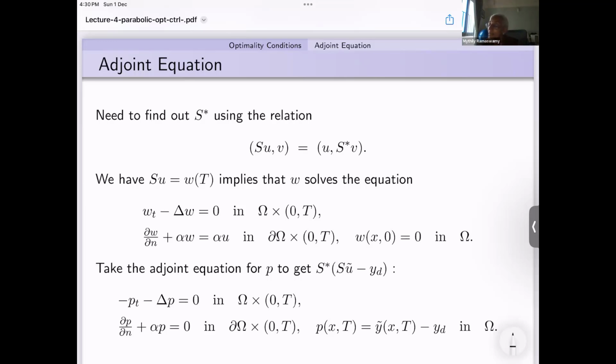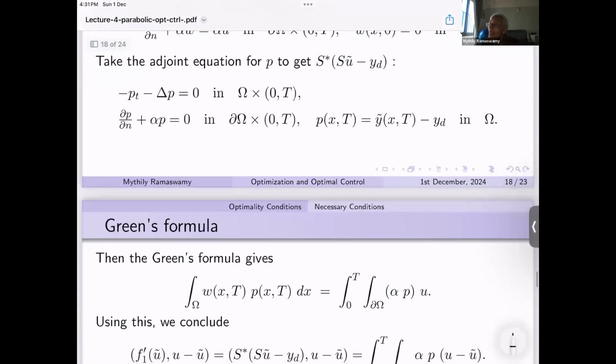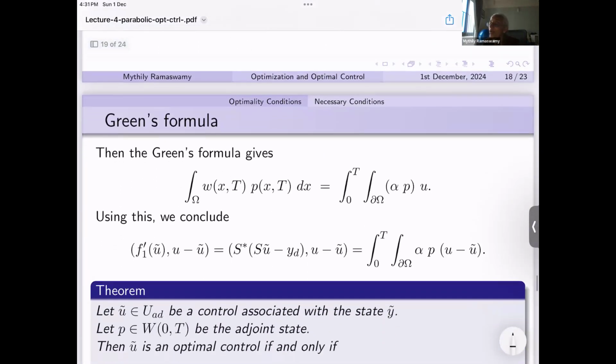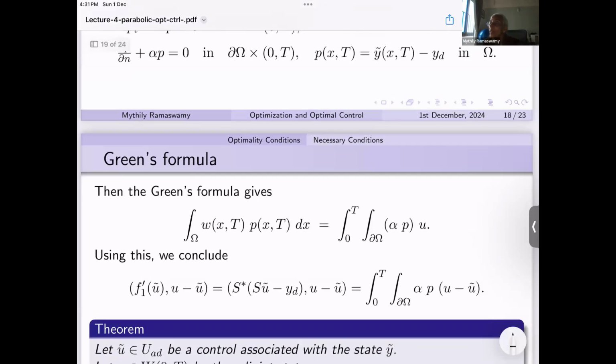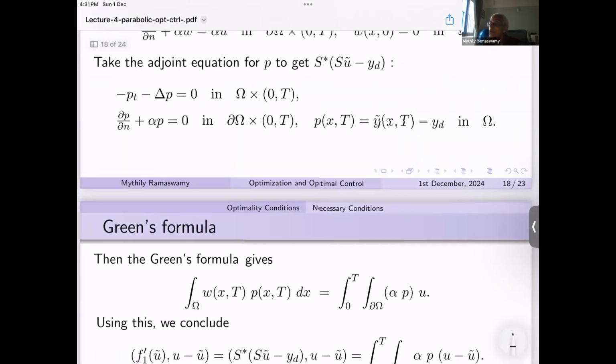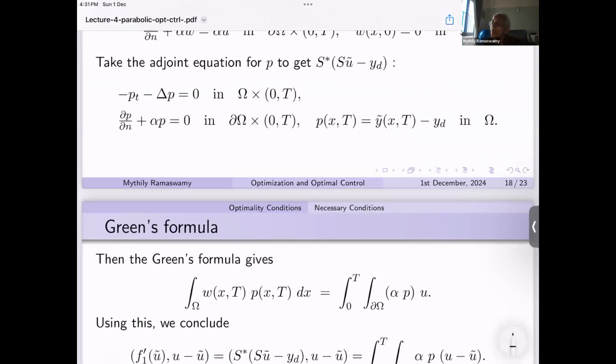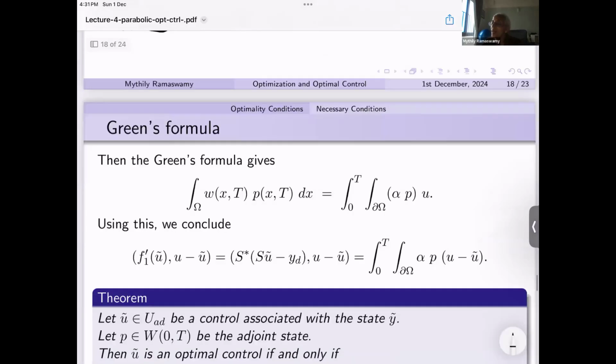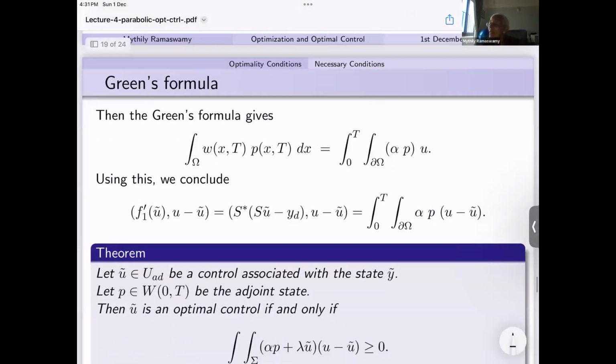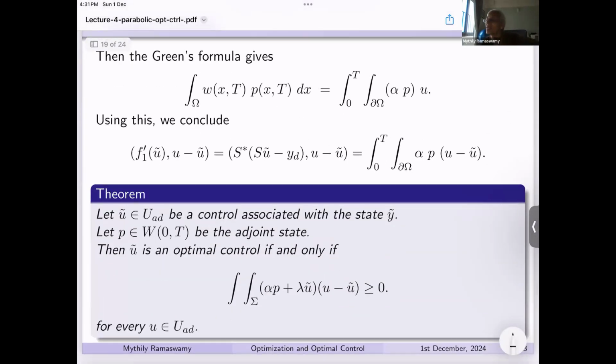And finally, hopefully, I'll arrive at the Green's formula: w acting on p is precisely alpha p into u. You can guess alpha p into u on the boundary will remain, and w into p will also be remaining.